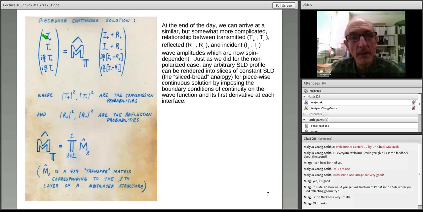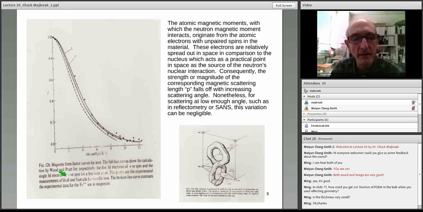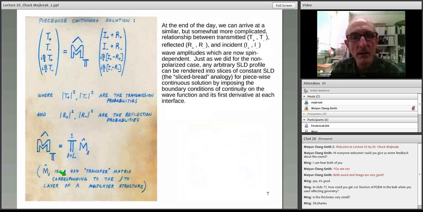We have to talk about transmission and reflection for spin up and for spin down. And so now instead of a 2x2 transfer matrix, we have a 4x4, but at the end of the day, that transfer matrix still contains all the information about the material that's causing the scattering.